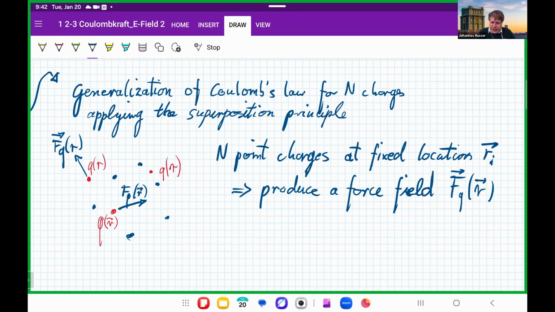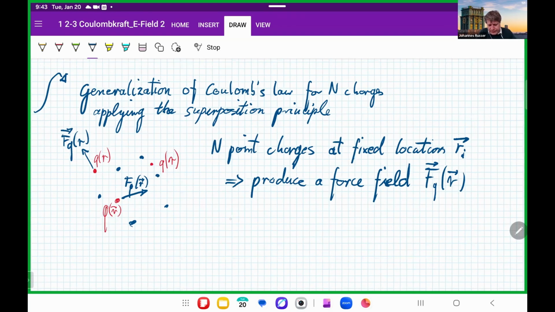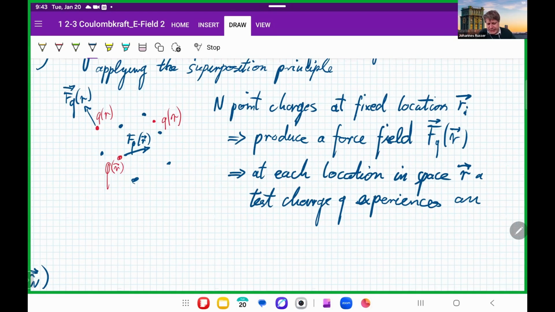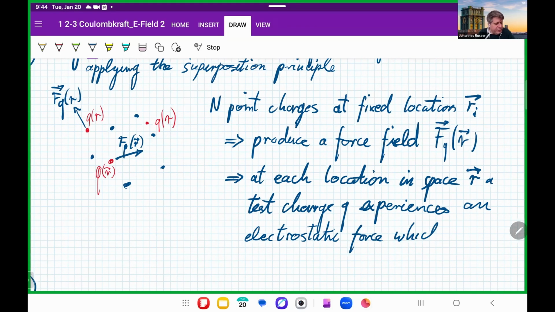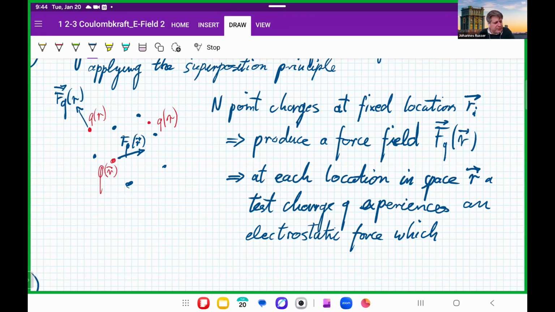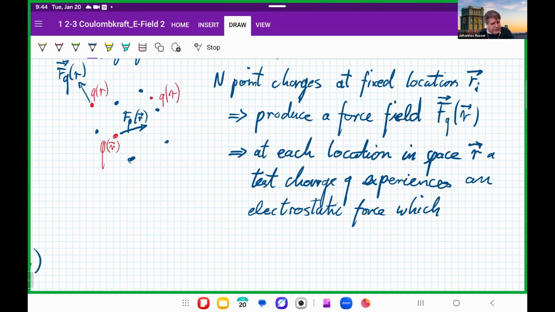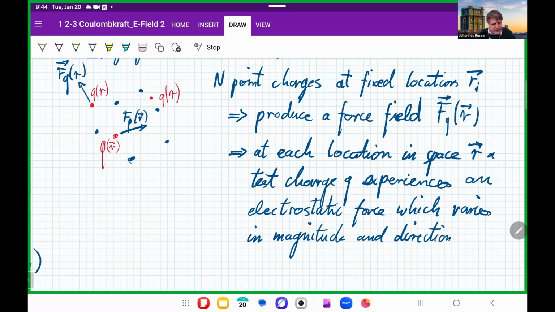So you have this force field, and at each location, let me write it down for you. At each location in space, our test charge experiences an electrostatic force, and this force varies in magnitude and direction. We'll see some examples later on of how such a force field could look.